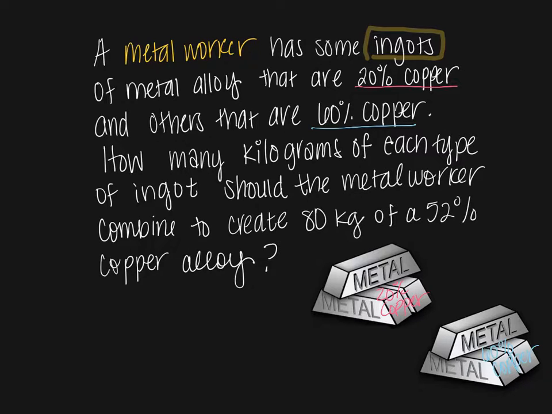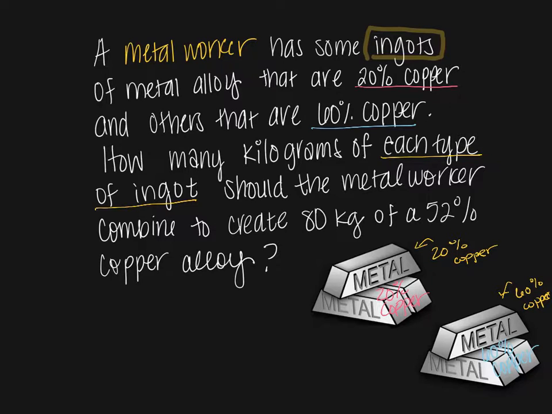So here I've got two different types of ingot going on. I have my 20% copper over here, and I've got my 60% copper over here. This one has more copper in it, this one has less. So how many kilograms of each type should the metal worker combine?